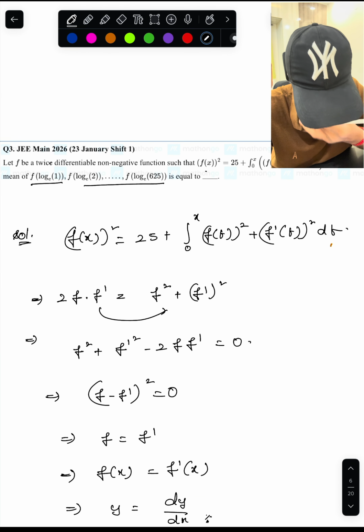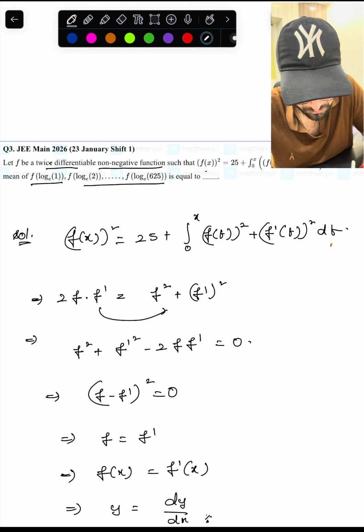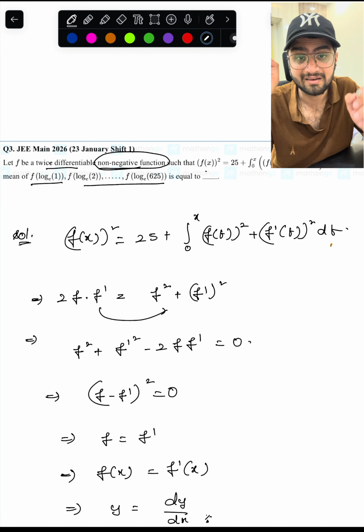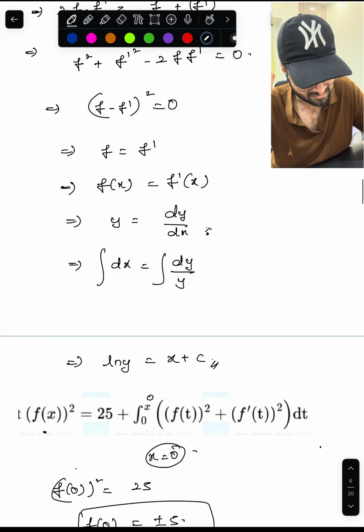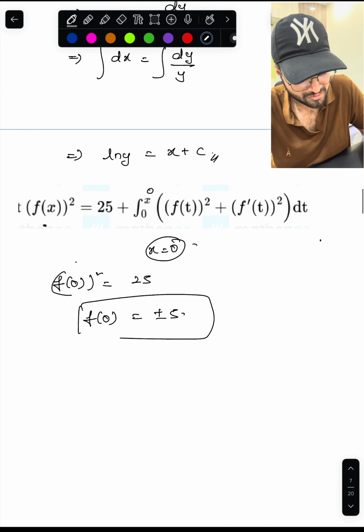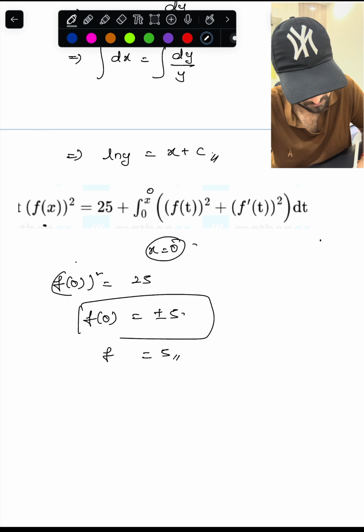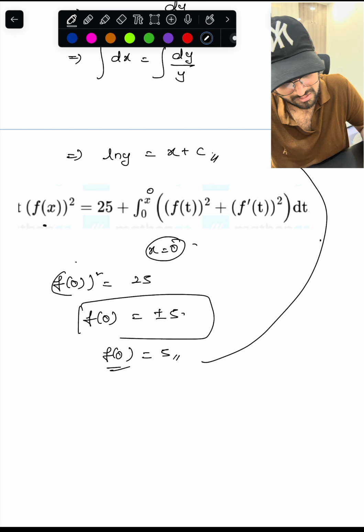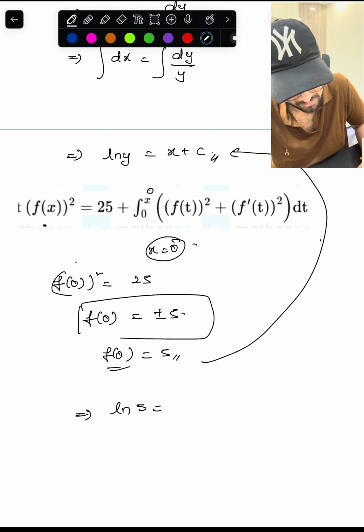But here the question says twice differentiable function which is non-negative. So definitely every data in the question is important. By seeing the non-negative function, f of 0 must be 5, right? We cannot take minus 5. F of 0 is 5. So just substitute this value here, and you will get ln 5 equals to c.